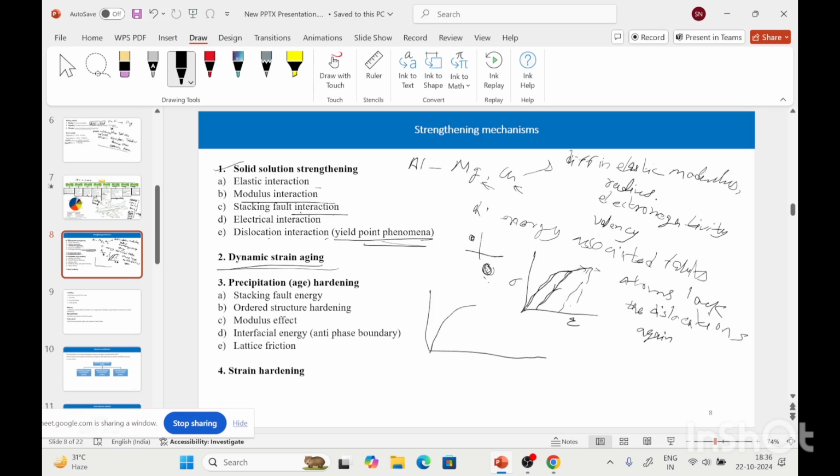As the strain rate increases, the alloying elements do not get the time to lock the dislocation path, and the stress value decreases for further deformation. So dynamic strain aging is related to the strain rate sensitivity of the alloys.